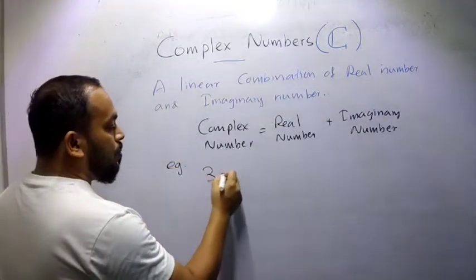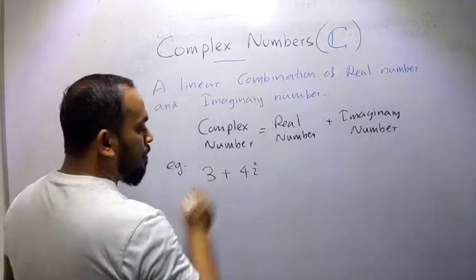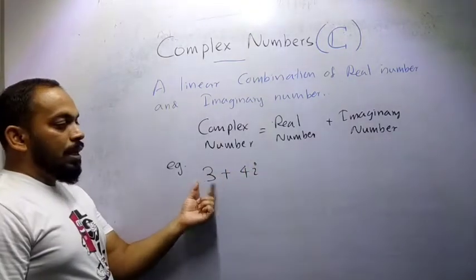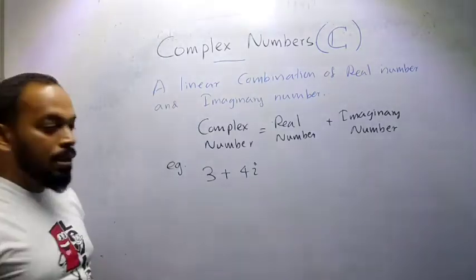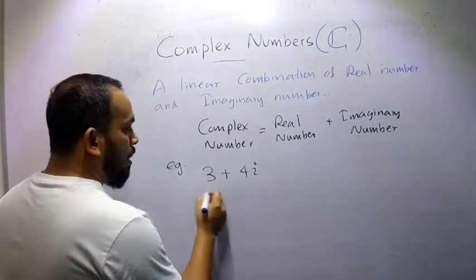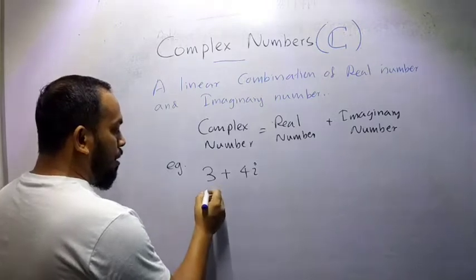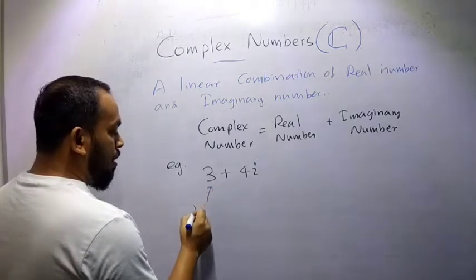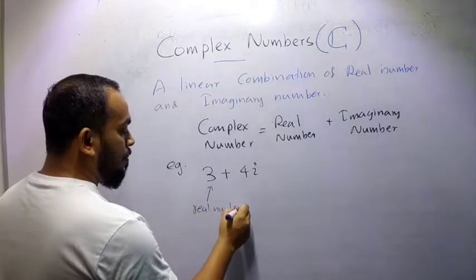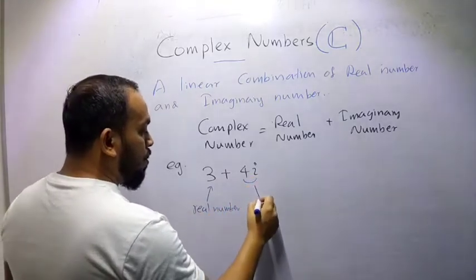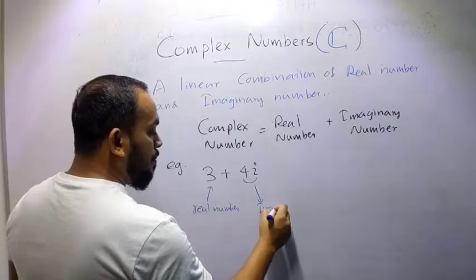Now 3 plus 4i. We have 3, a real number, and plus 4i. So here 3 is the real number, and this one is called the imaginary number.